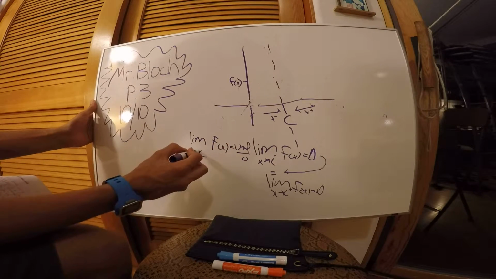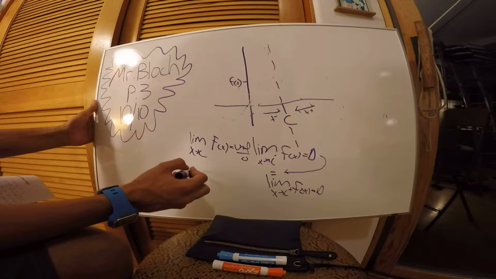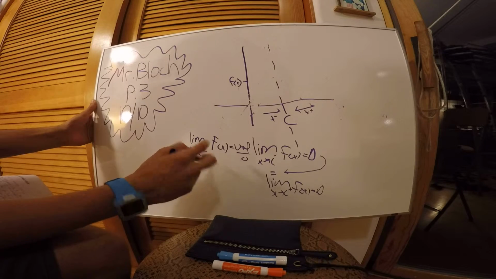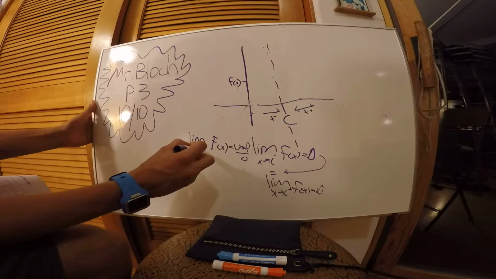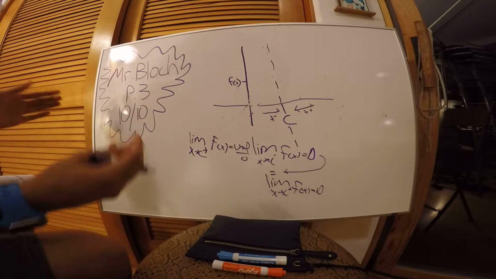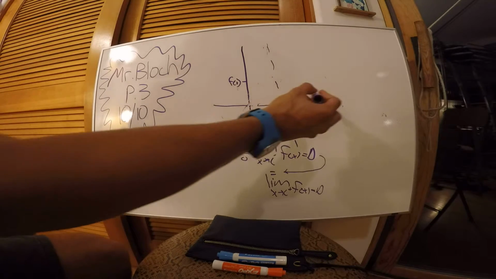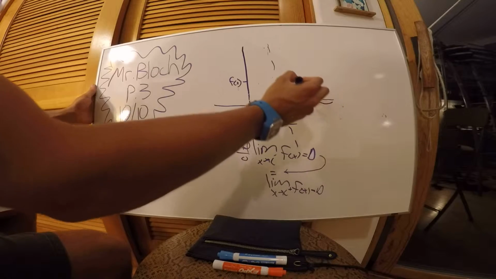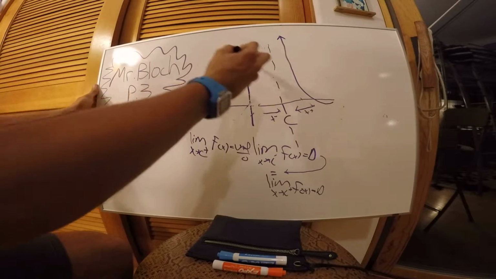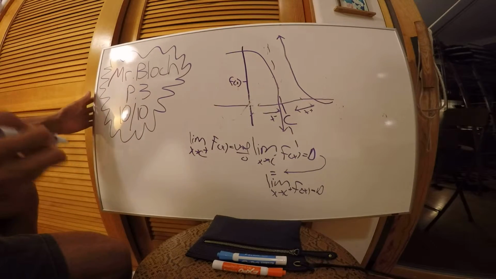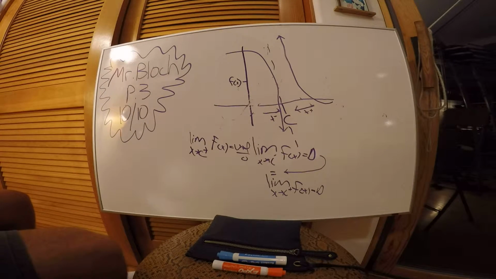What you would have to do now is find out where x is going from the left side and where x is going from the right side. These two points will take you to an infinity. If x from the positive side is going to infinity and from the negative side is going to negative infinity, then your answer would be does not exist. But you cannot jump to that conclusion. That is where many students will make this mistake.